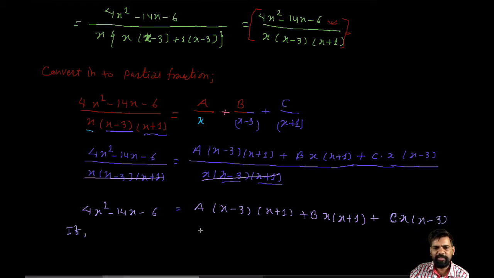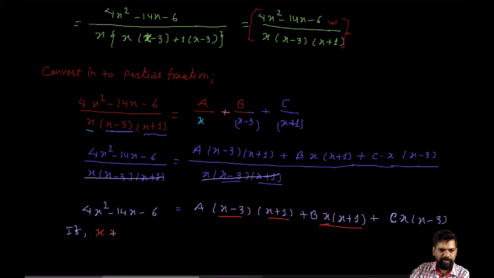Now let's make terms zero. You can make zero from x minus 3 as well, or from x plus 1, no problem. If you put the value of x as 0 at the beginning, then all of this part is 0.